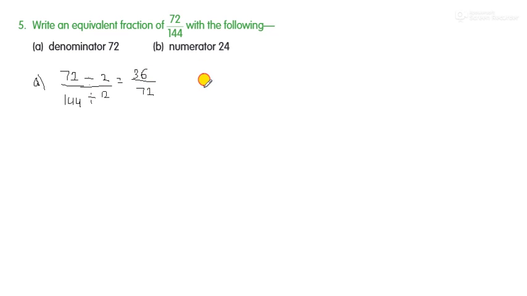Here the B bit has numerator 24. So we have to make the numerator 24. So 72 by 144, divided by... Here we have to divide the numerator and denominator by 3.